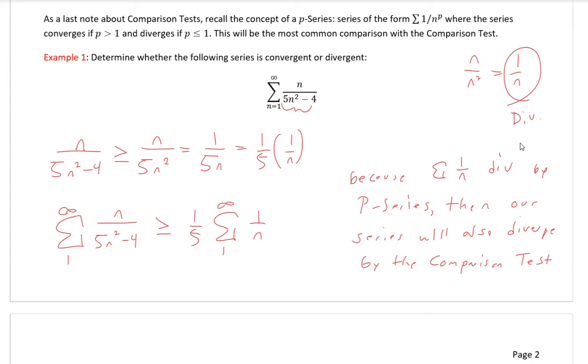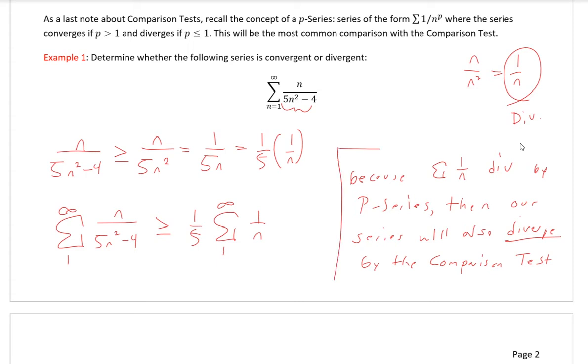Essentially, we show that we have a series that's bigger than something that goes to infinity. So if you have something that's bigger than something that goes to infinity, that means it just goes to infinity faster. So that's an example of showing divergence here.